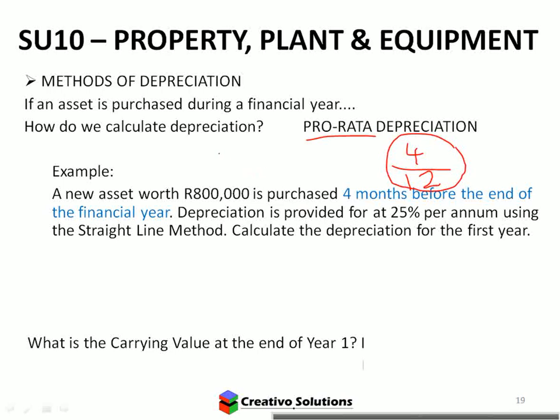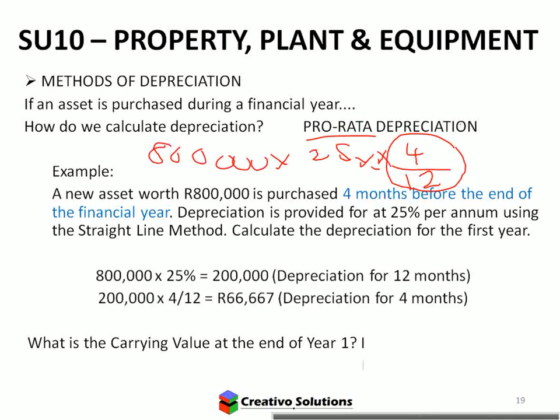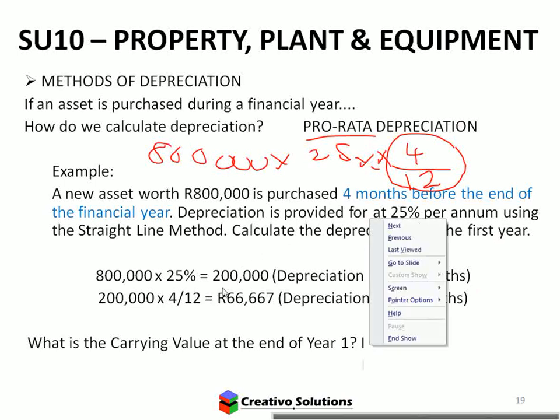I'm using straight line. So what is my cost? 800,000 times, what is my percentage? 25%. Then I'm going to multiply that by 4 over 12. That's prorata. You can do it in 2 steps if you want to. It's 800,000 times 25% times 4 over 12, which gives you this.